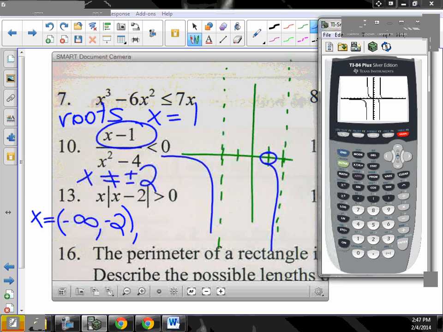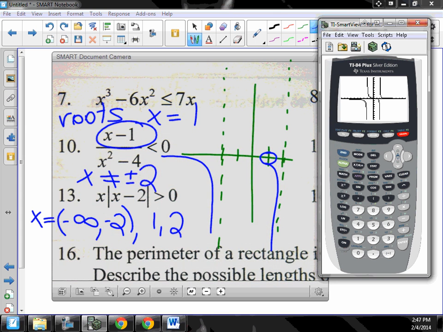And then from 1 to 2, what are the symbols on those? The root is open circle, so it's open, and 2 is an asymptote, so it's also an open parenthesis. Does that make sense? You want to see another one?